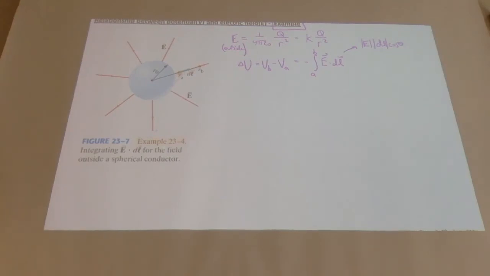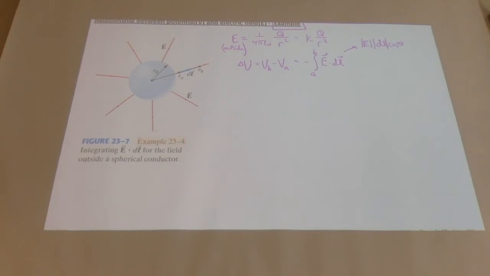So you can imagine that if I'm looking at dl, which is a little piece of the path between point A and B, at all points it points in the exact same direction as the electric field. So in this dot product E dot dl, the cosine theta is just going to be 1, and this is just going to be E times dl. Okay?